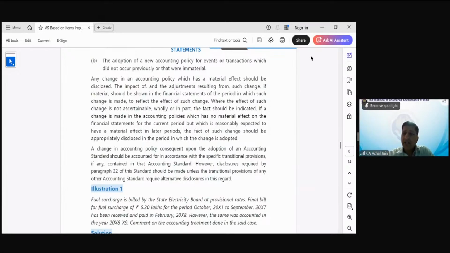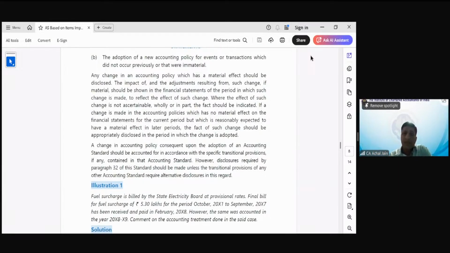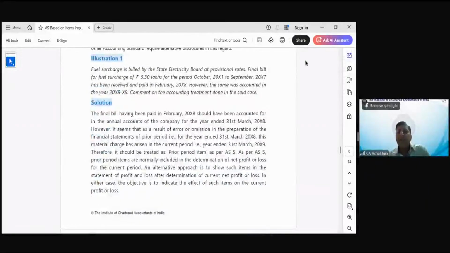All right, let's look at this. See, the final bill having been paid in February X8, this should have been accounted in X7-X8. Yes or no? Correct. When the bill is received in X7-X8, it should get recorded in X7-X8.